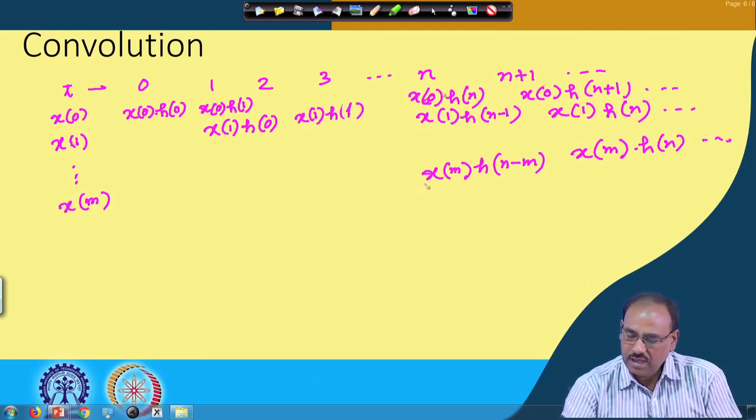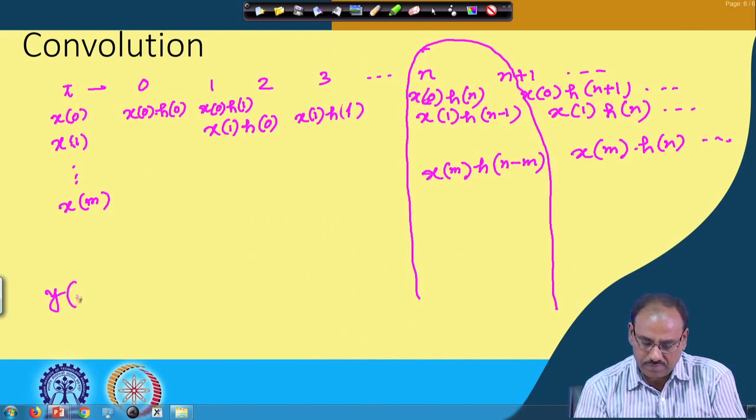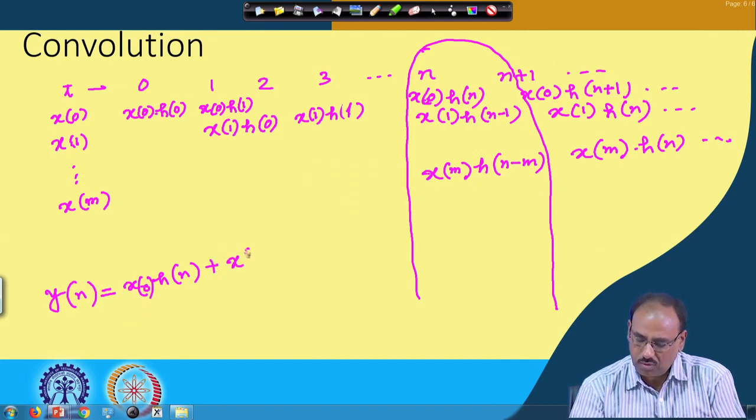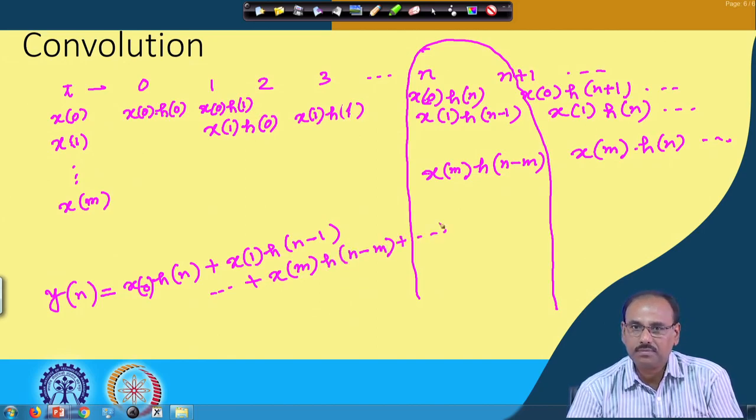So, if I want to find out what will be my output at t equal to n, which is nothing but yn, it is given by x0 hn plus x1 h n minus 1, continue like this, plus xm h n minus m, plus so on.